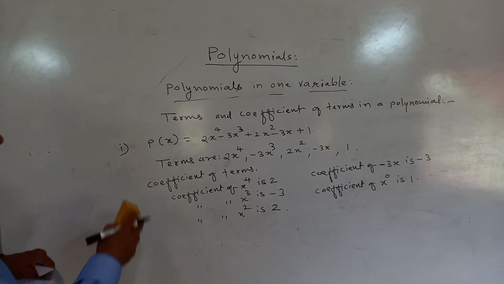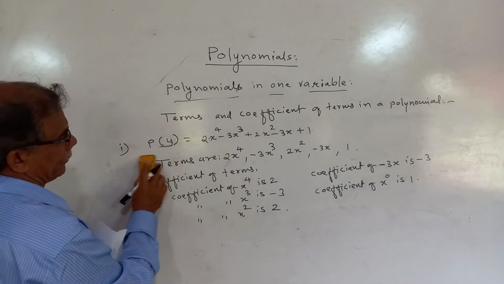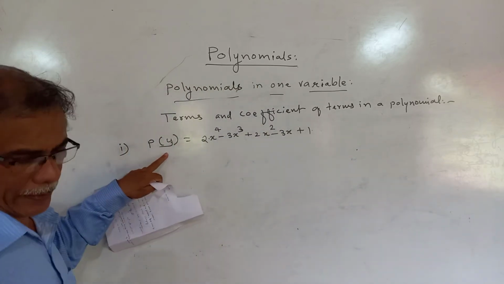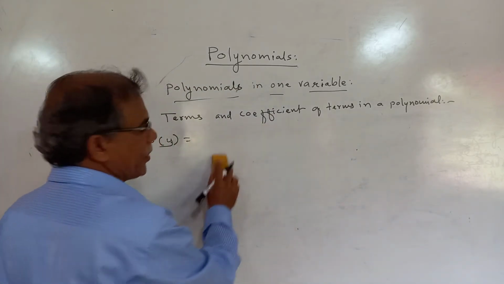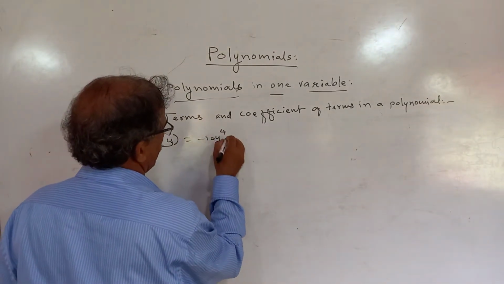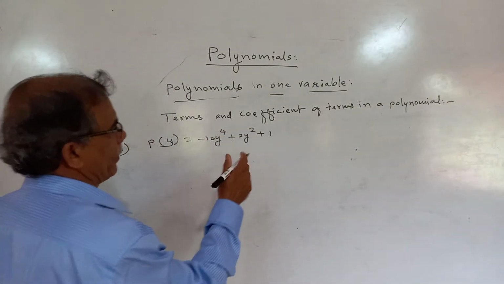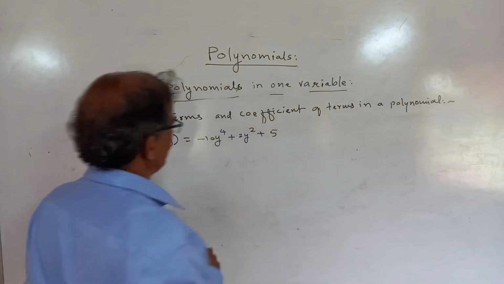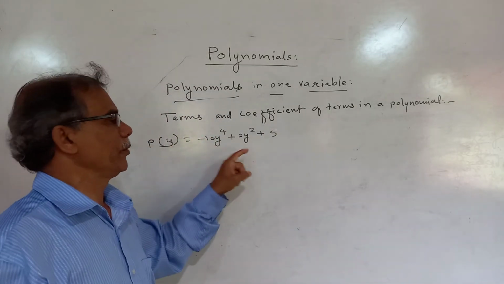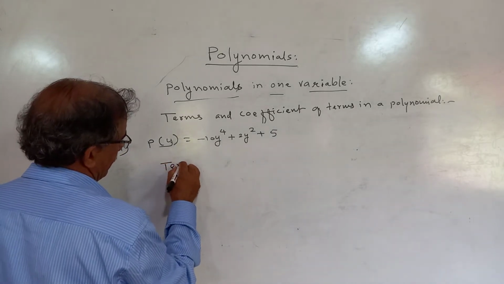I shall give you one more now. Suppose p(y). p(y) means polynomial in y. So here you have minus 10y raised to 4 plus 2y squared plus 5. So here we are using y as the variable. Which are the terms now?